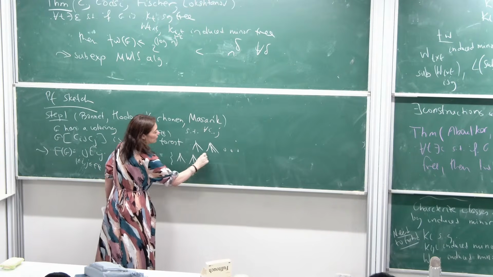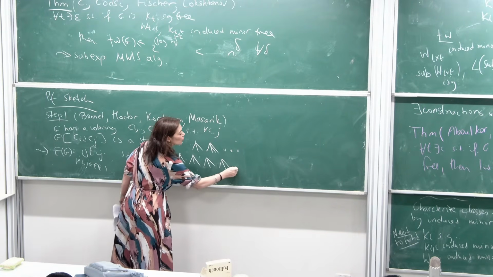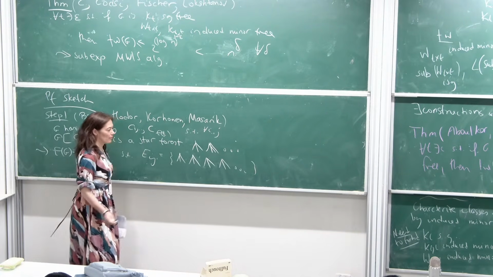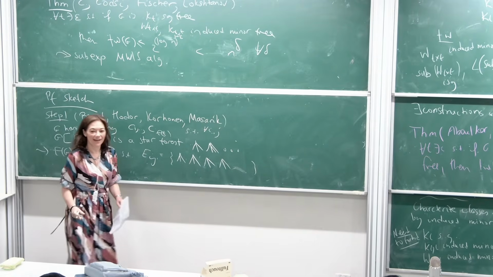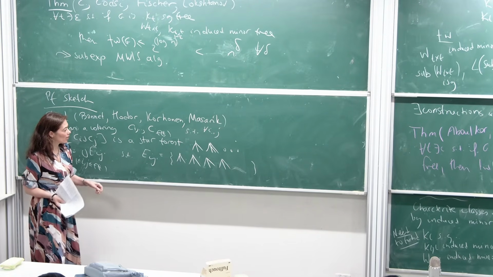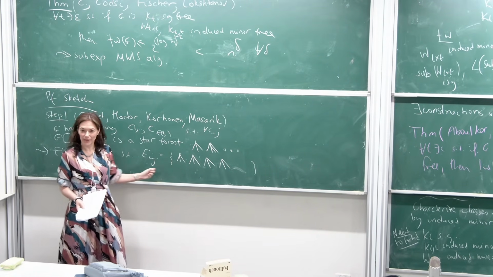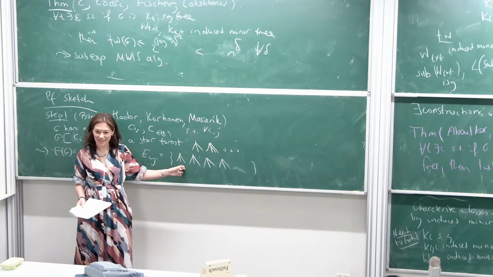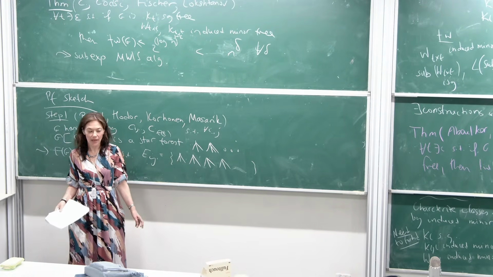It's just a bunch of stars. And not only that, it looks like this, but also this is actually induced. Right? So Eij looks like this, and also it's induced.